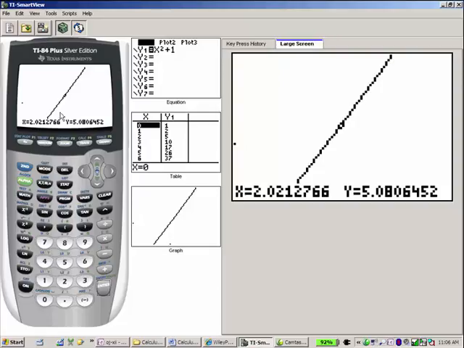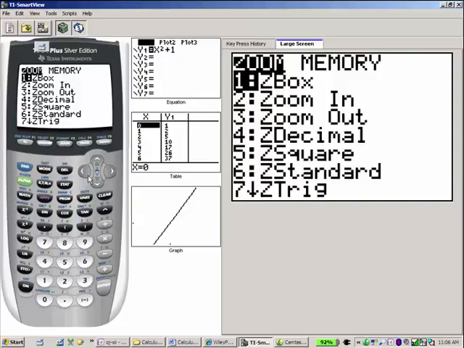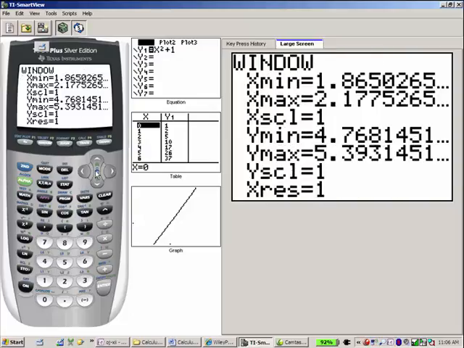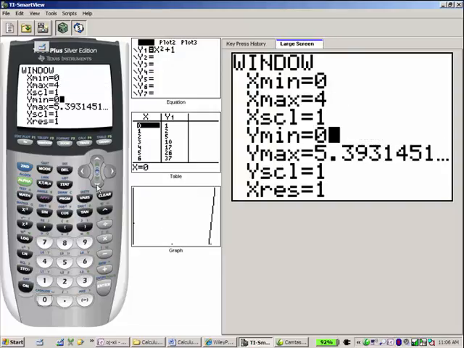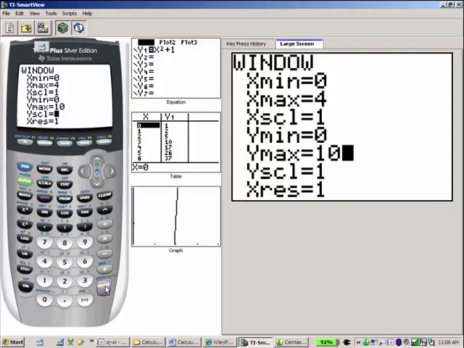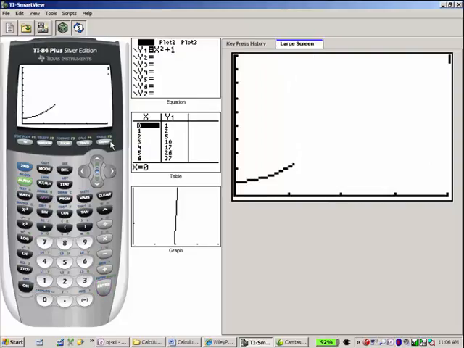Actually, I think I can do this. I'm going to go from 0 to 4 and from 0 to 10. I can actually figure out what the graph of the tangent line is.